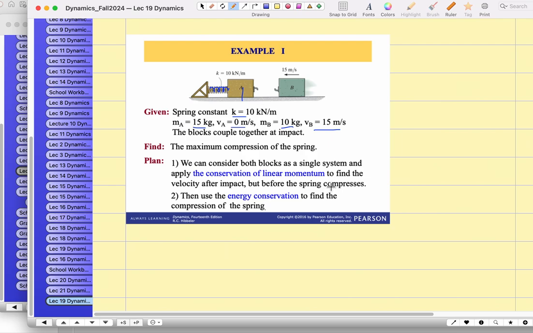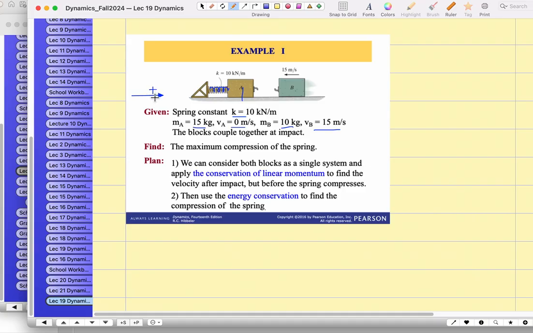So now how would you solve this using conservation of linear momentum? Let me show you how you would apply that equation here. If you take a look, you have to make an axis here.